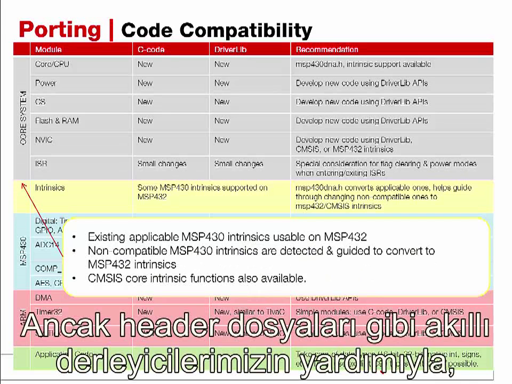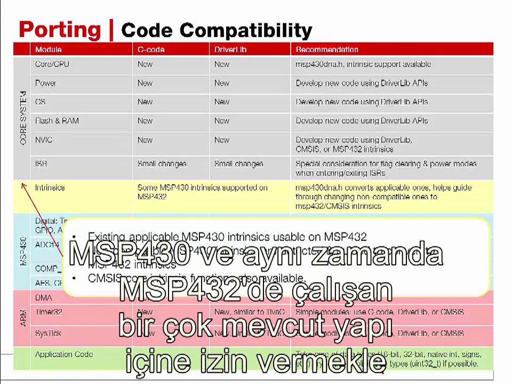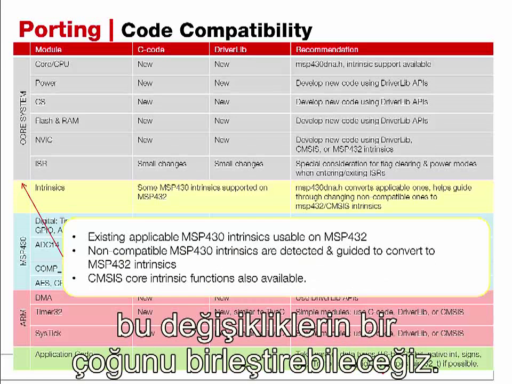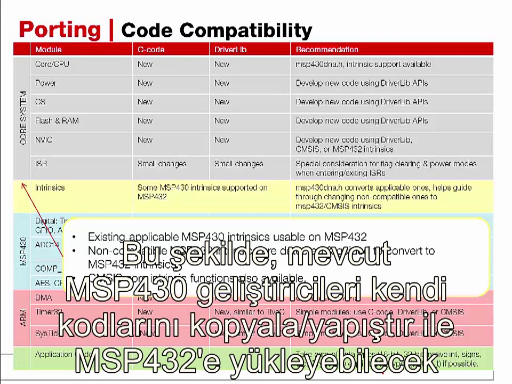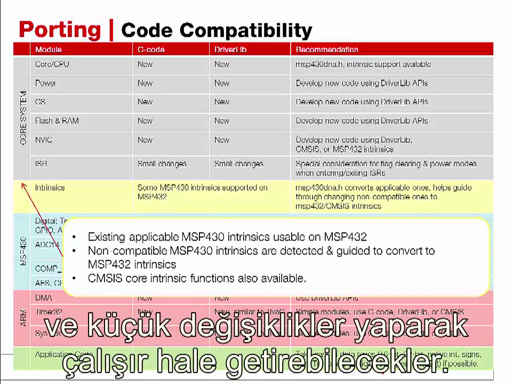However, with the help of our intelligent compilers as well as header files, we have been able to merge many of these changes to allow many existing intrinsics on MSP430 to also work on MSP432. This will allow existing MSP430 developers to just copy and paste their code over to MSP432 and make minimal changes in order to get things to work.